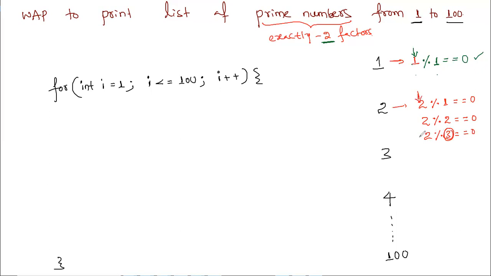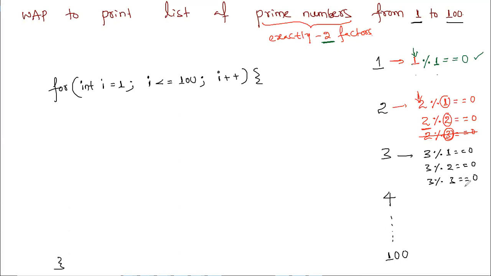That's the reason this step is not required for verification. What I mean to say is, for every number we start checking with 1 and stop when the divisor is equal to the number we are considering. I hope it is clear. Similarly for 3, we have to check 3 with 1, then 3 with 2 as well, and 3 with 3 as well.